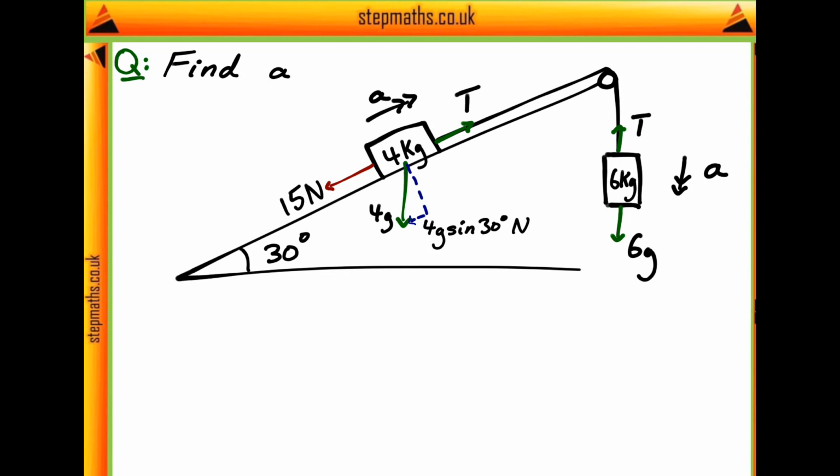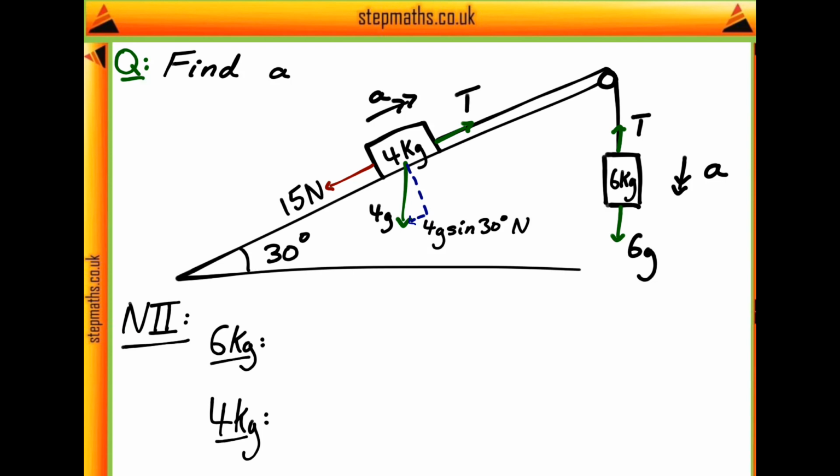These are all the forces I can think of to label on our diagram, so we should see if we can work out the acceleration from this. The easiest thing to do is probably to use Newton's second law, which we can do on both of our masses.